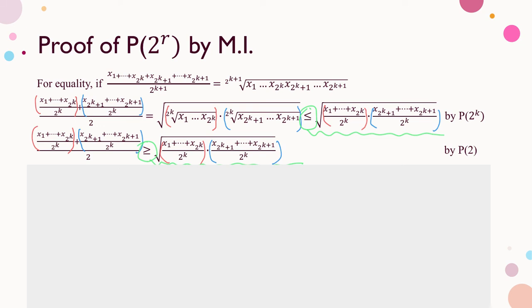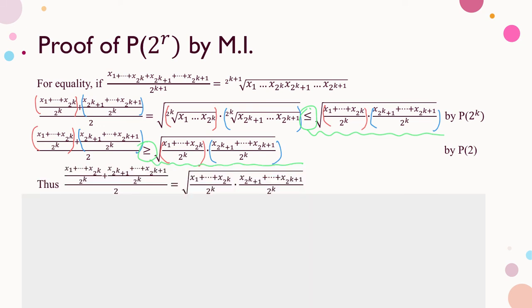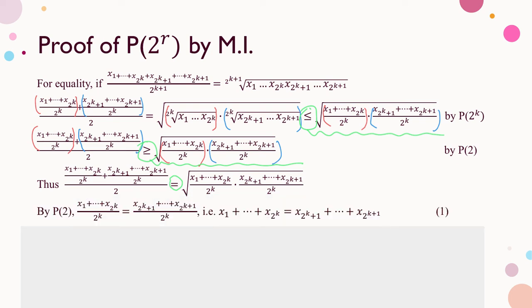And since these two expressions are equal, it forces the inequality sign to change to the equality. In other words, we have this equality. According to the structure, we can apply P of 2 so that these two expressions are equal. In other words, the sum of the first 2 to the power k terms is equal to the sum of the last 2 to the power k terms.